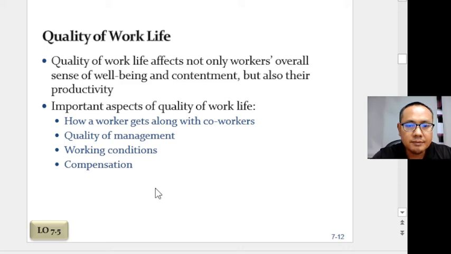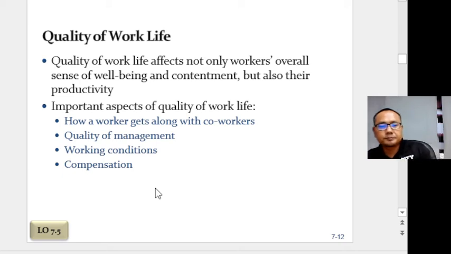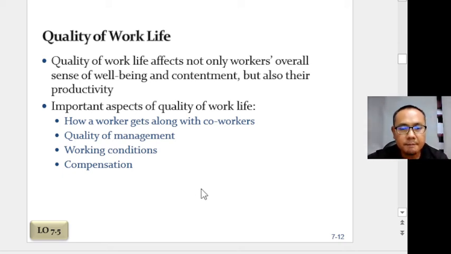So quality of life affects not only workers' overall sense of well-being and contentment, but also their productivity. There are some very important aspects of quality of life.